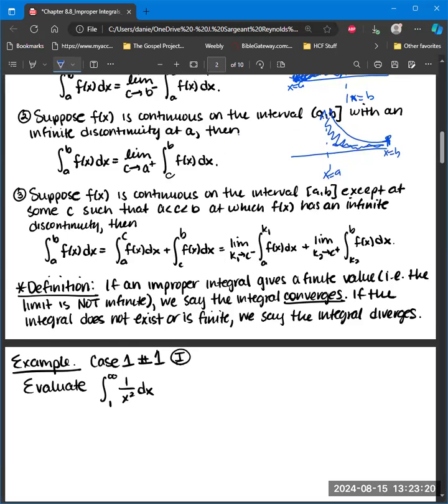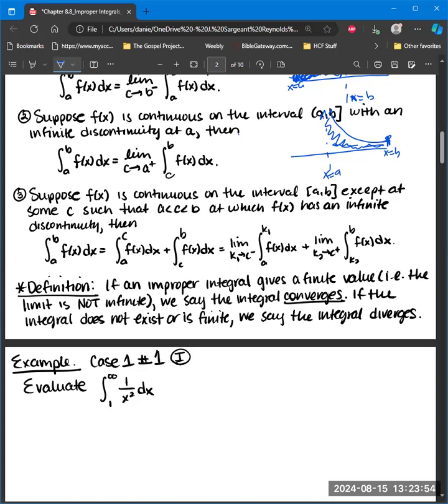Now, usually, not always, but more typically we're given an interval from a to b with lower and upper limits, but there's a bad value c somewhere in the middle. And we need to split the integral so that we approach c from the left and c from the right. So first we go from a to c, where c is our bad point, f of x dx, and then c to b, f of x dx.